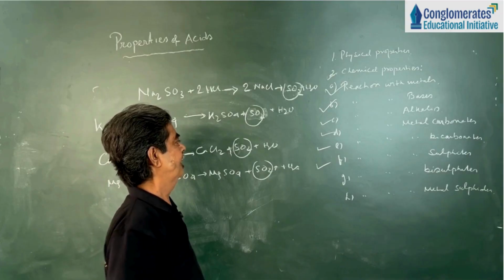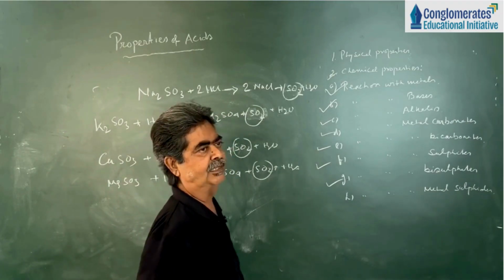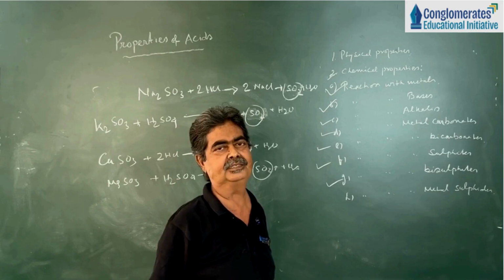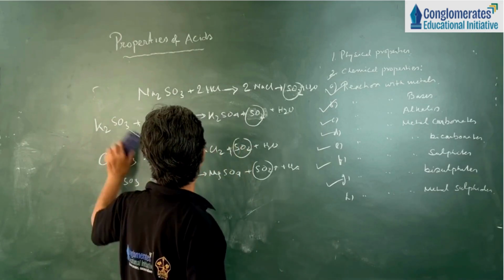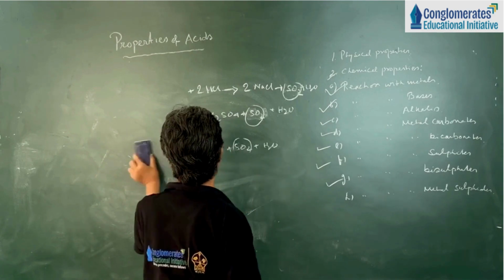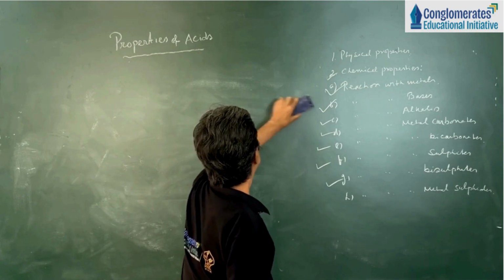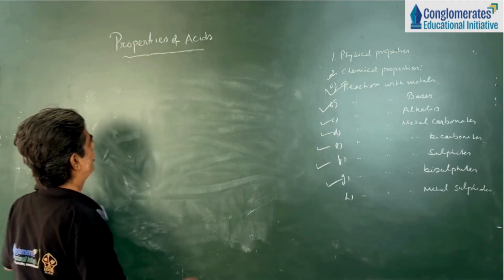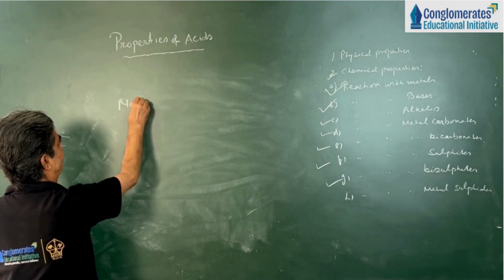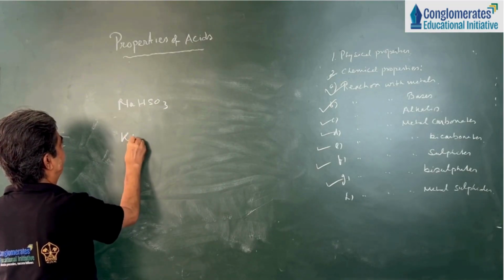Okay. Next is bisulfite, reaction with bisulfites. Similar reactions take place. There we get sulfur dioxide, salts and water. Two examples I am giving you; not many more examples are required in this case. That is sodium bisulfite and potassium bisulfite.